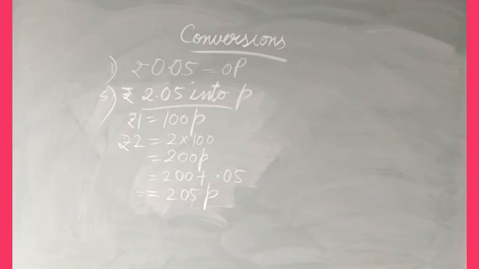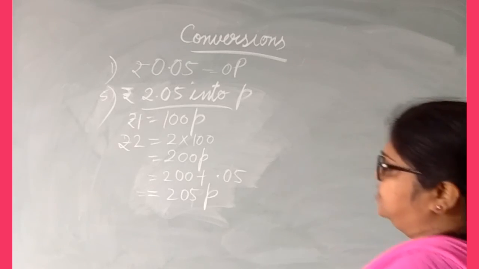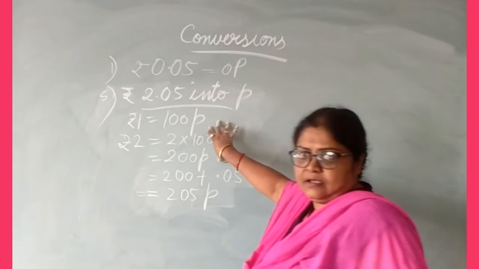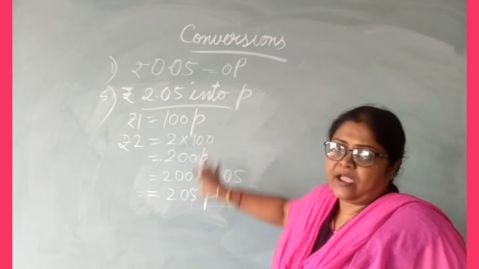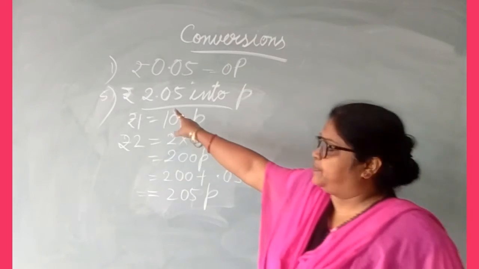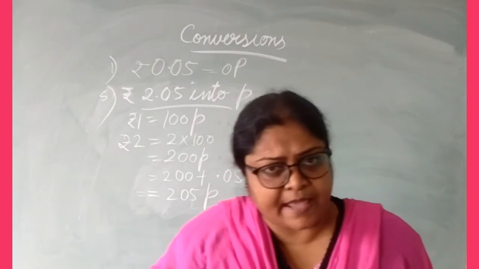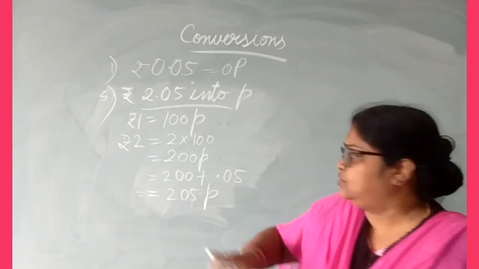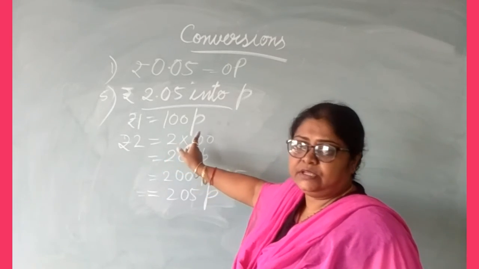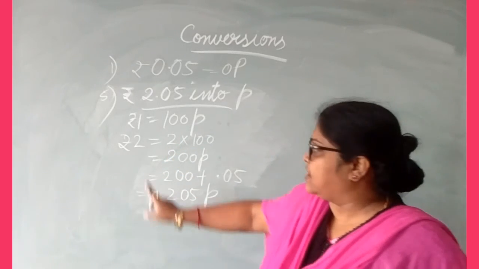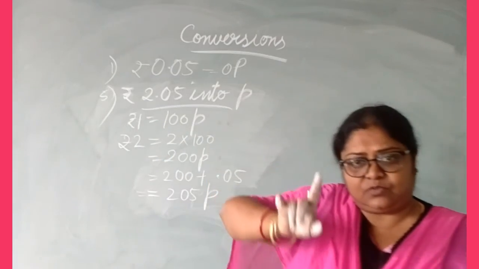2 rupees 5 paisa, you have to change this into paisa. So you are knowing that 1 rupee is equal to how much paisa? 100 paisa. So you have to change this 2 rupees into paisa. So what you will do? You will multiply this 2 into 100, because you are knowing that 1 rupee is equal to 100 paisa.